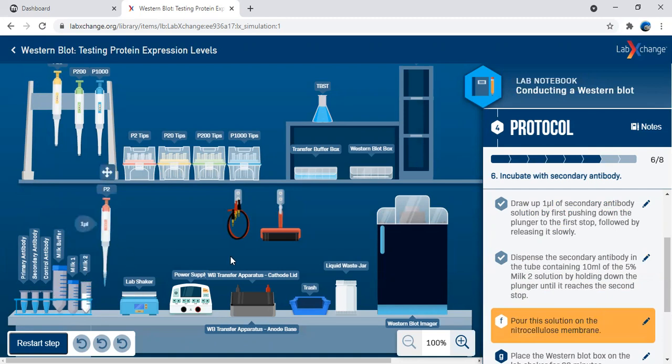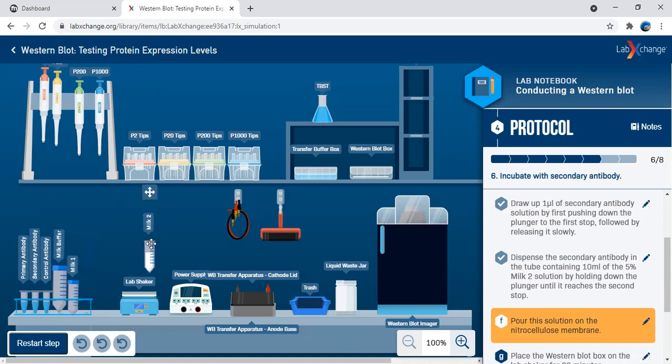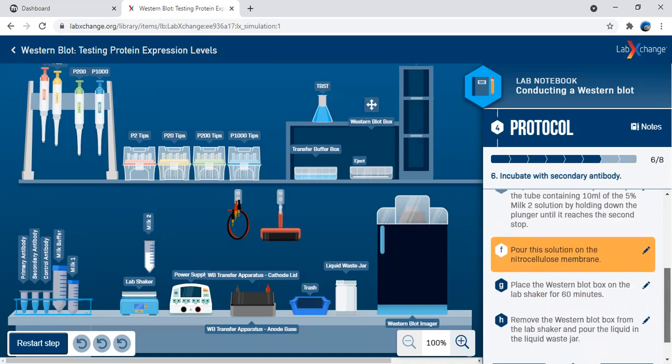Now, first of all, I gotta eject my tip. So it's membrane.